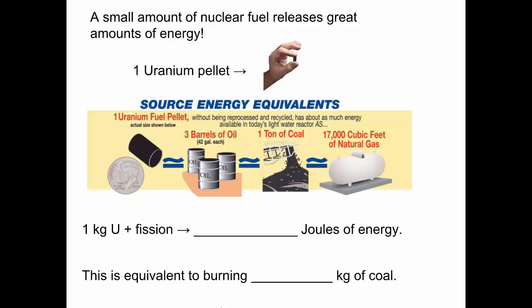That's how much energy can be generated from nuclear energy. A kilogram of uranium can produce 100 trillion joules worth of energy. That's about what you would get out of burning 4 million kilograms of coal. So that's a huge amount of energy.